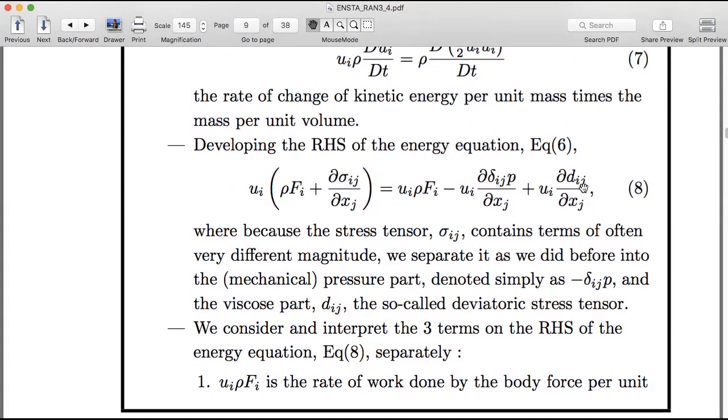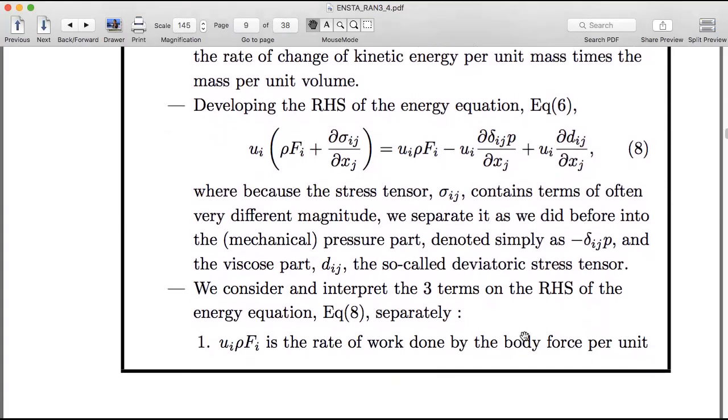It comes from viscosity. For an inviscid flow where there was 0 viscosity, or we're approximating it as being inviscid, which we do sometimes, then this Dij would go to 0.